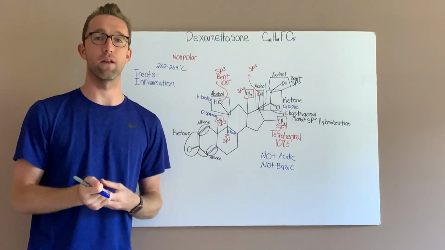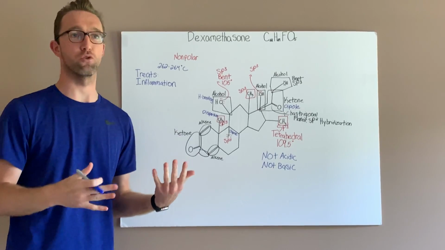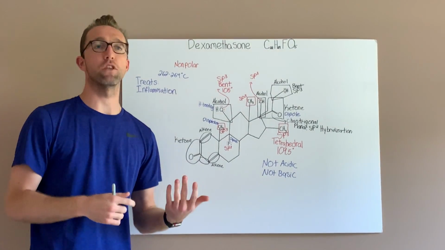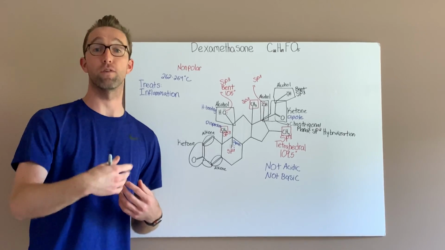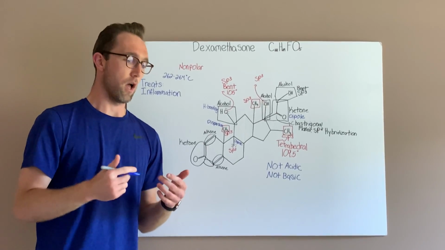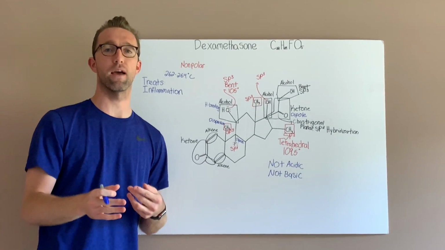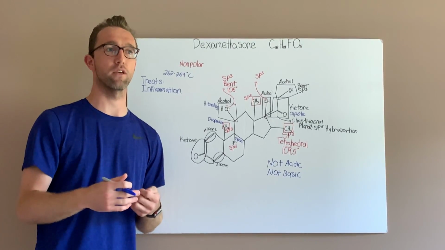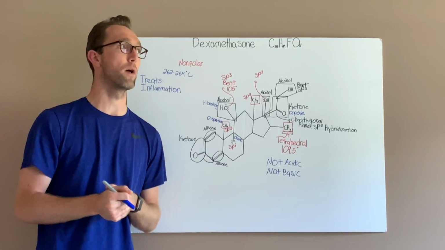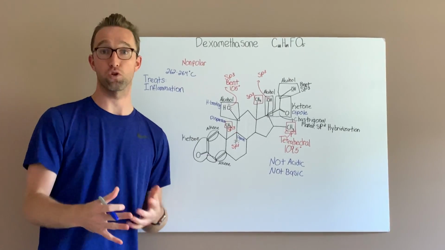It's present in a lot of different issues. Some common uses for dexamethasone, especially within physical therapy, are for arthritis, bursitis, and tendonitis. And one interesting fact is dexamethasone is actually used in some cancer cases to help reduce tumor swelling.